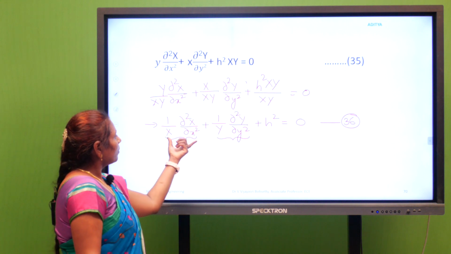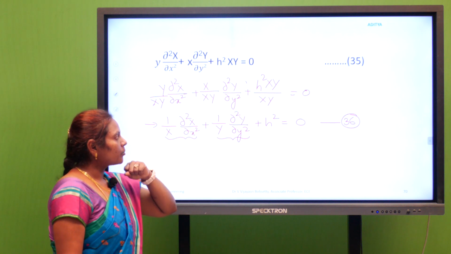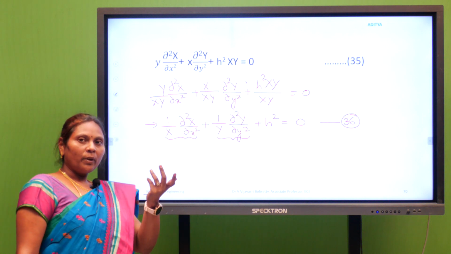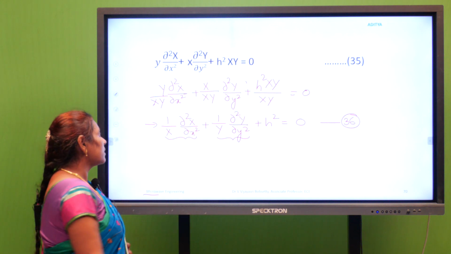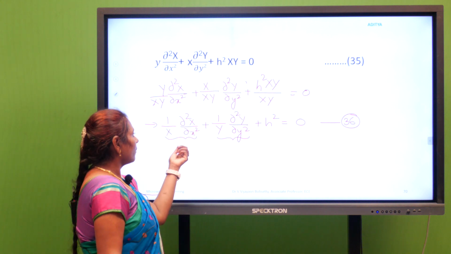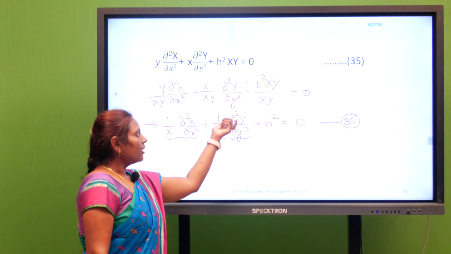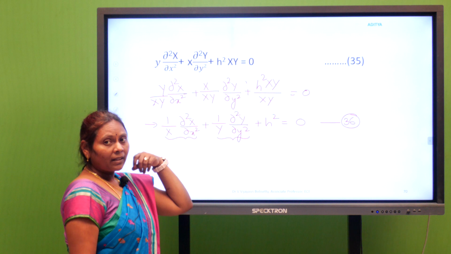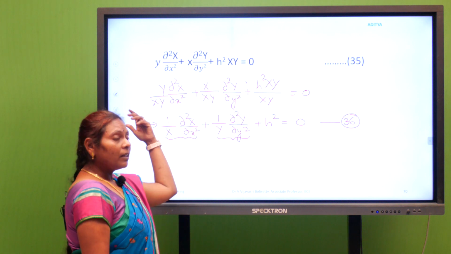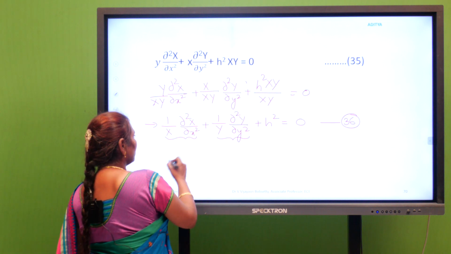So this term has a solution completely in terms of x, and this term has a solution completely in terms of y. Already we have expected the solution, (1/X) ∂²X/∂x² as minus b squared, and (1/Y) ∂²Y/∂y² as minus a squared, while deriving the TM wave equation. We will see once again.